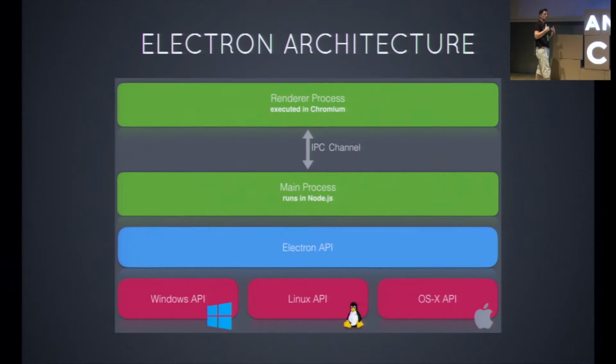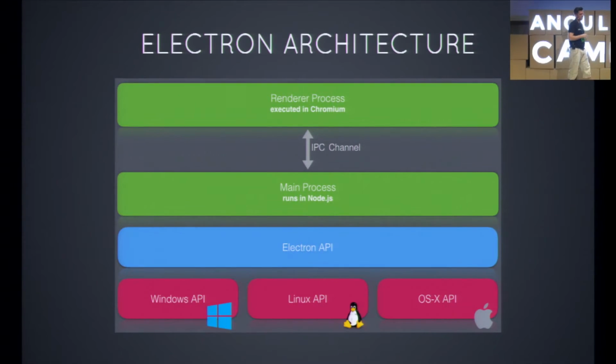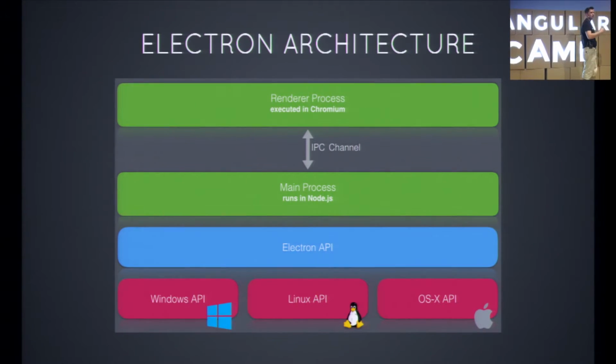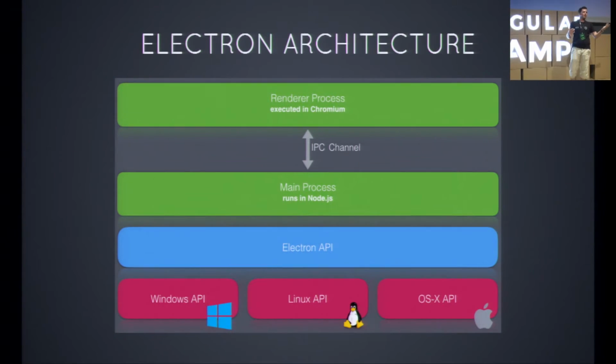And in order to get that done, there is an IPC module exposed to both the main and the renderer process, that you could load and send simple messages, as you would do with HTML5 post messaging, from one process to another, either synchronously or asynchronously, and you could respond to them.